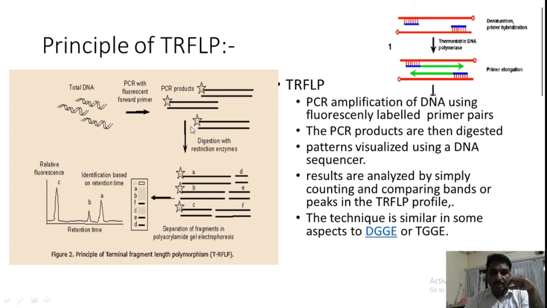Then you have to digest this PCR amplified product with the restriction enzymes. After digestion, you will get so many fragments like this: A, B, C, D, E, F, etc. Here, A, B, C are fluorescently labeled fragments, but D, E, F are not.